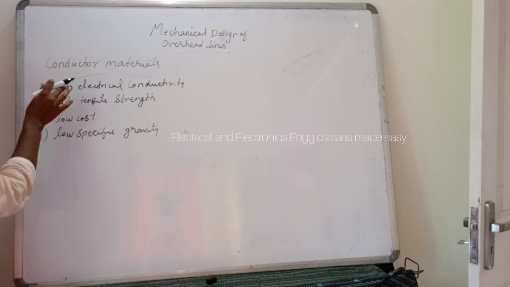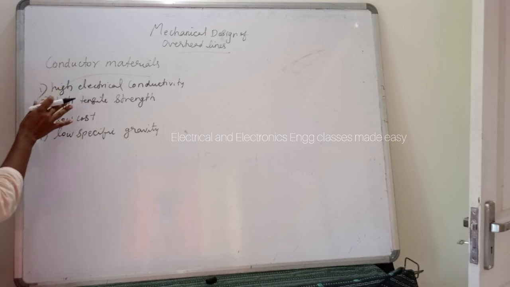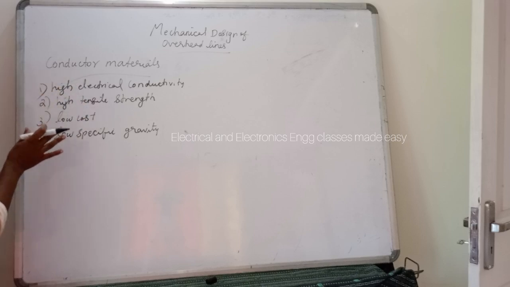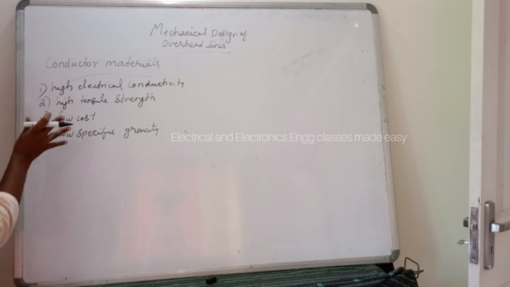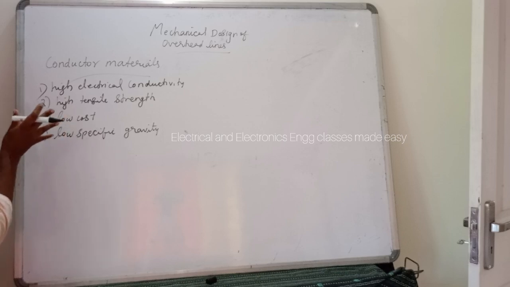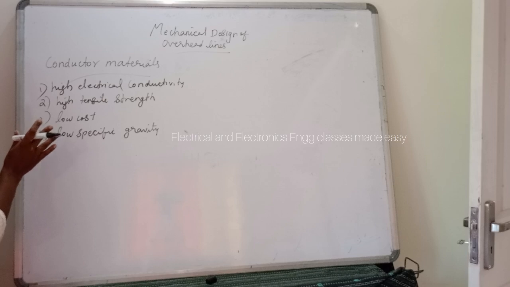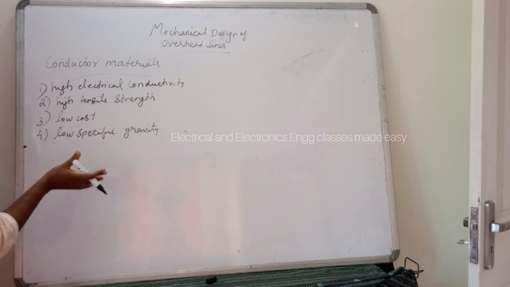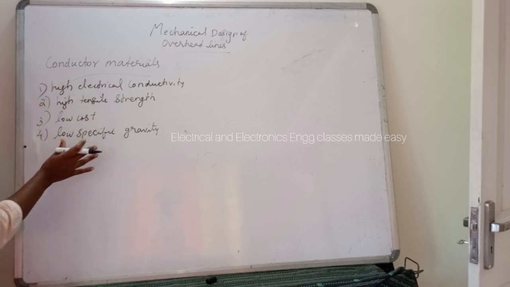First one is conductor materials. The conductor is one of the important items as most of the capital outlay is invested in it. Therefore, proper choice of material and size of the conductor is of considerable importance. The conductor material used for transmission and distribution of electrical power should have these properties.